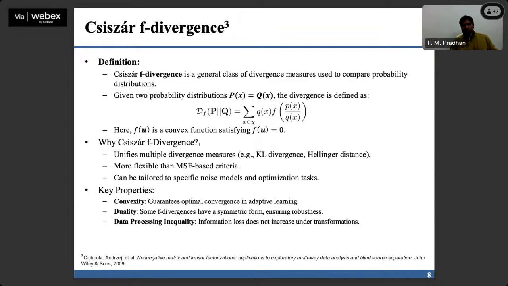Means, a lot of divergence measures can be found from the single divergence measure, which is Csiszar's divergence. Also, it has some properties of the divergence cost function which are helpful as far as the mathematical analysis is concerned. Those are listed below: convexity, duality, and data processing inequality.